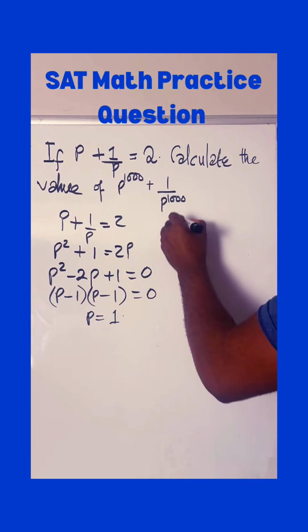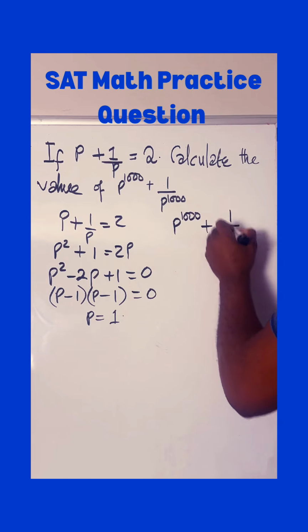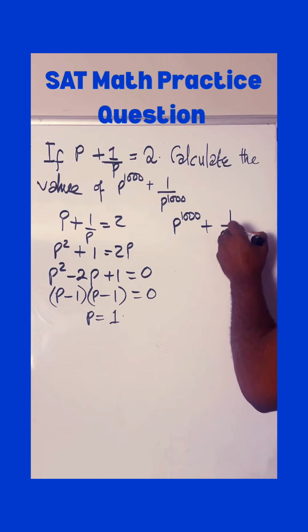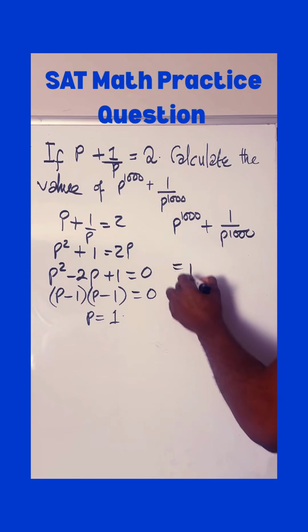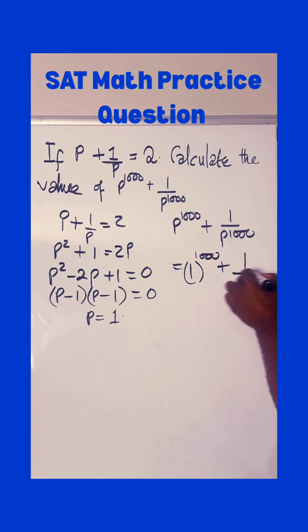So my p to the power of 1,000 plus the inverse of p to the power of 1,000 becomes 1 to 1,000 plus 1 to 1,000 here.